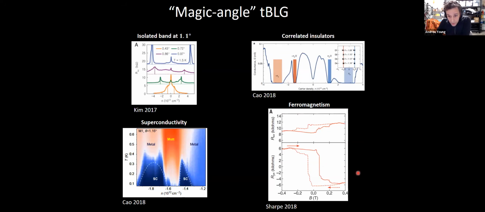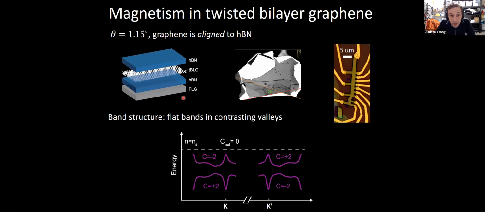It appears to show up, and as you can see here, is considerably more robust in the sense of hysteresis than what's been seen in, for example, ABC trilayer graphene, and this is work from the Goldhaber-Gordon group.